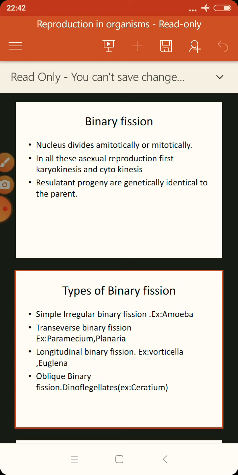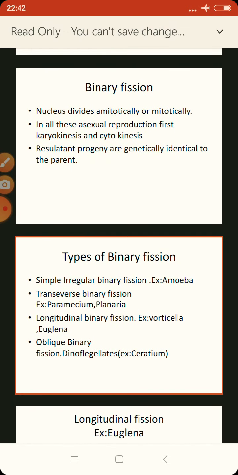Once the nucleus is divided, the cell membrane invaginates inside and divides into two parts. Division of the cytoplasm we call cytokinesis. So in binary fission, a single organism divides itself into two offsprings; first karyokinesis takes place, and the next step is cytokinesis.